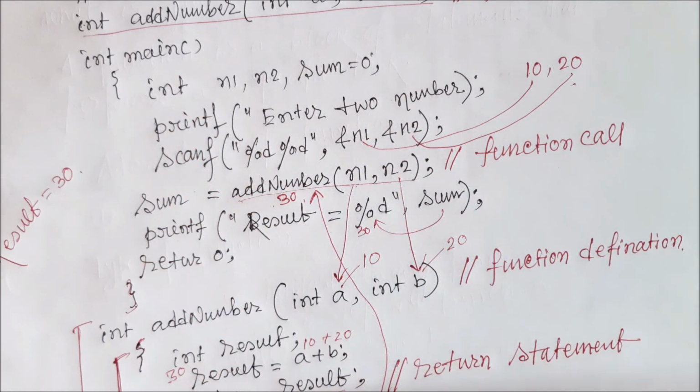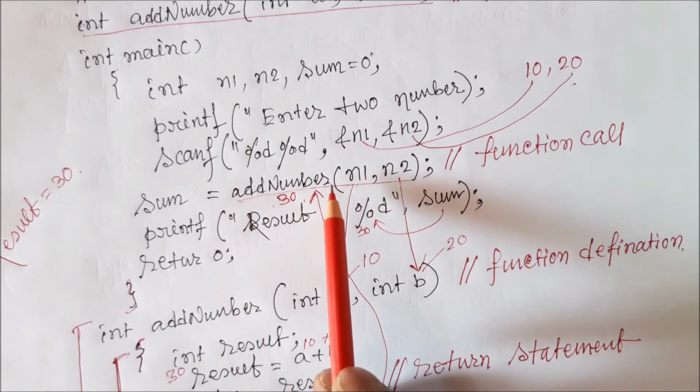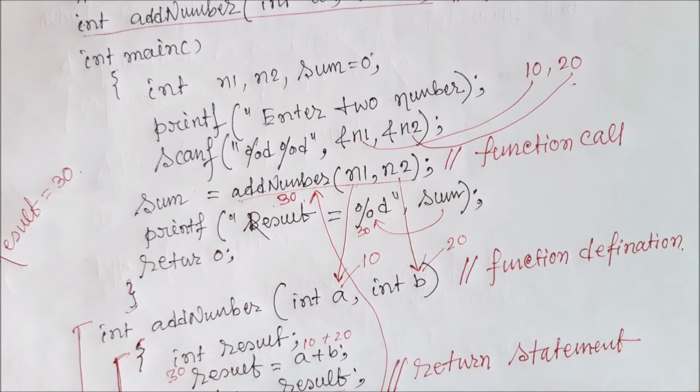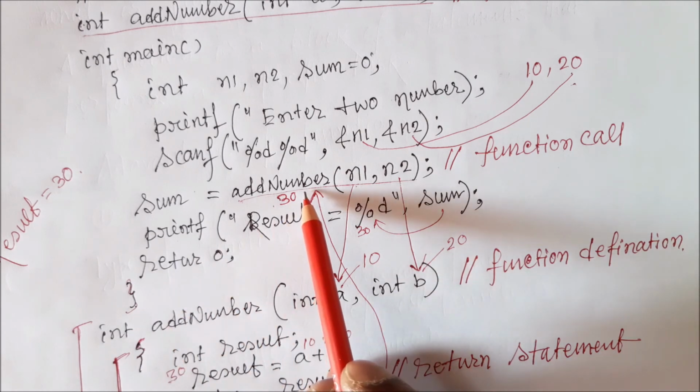That part will be executed whenever we call this function. So, if I call this function, these three lines will be executed one by one. And I told you that whenever we encounter a function call, the control is transferred to the function, the function is executed, and the result comes back to the calling function.